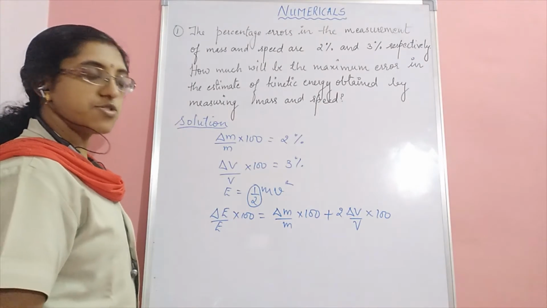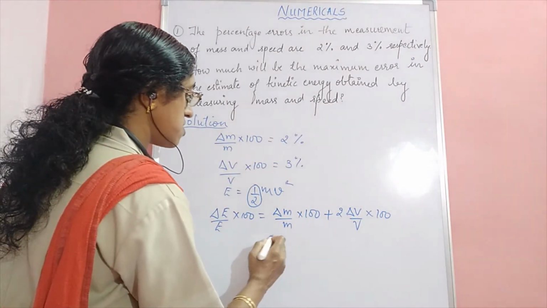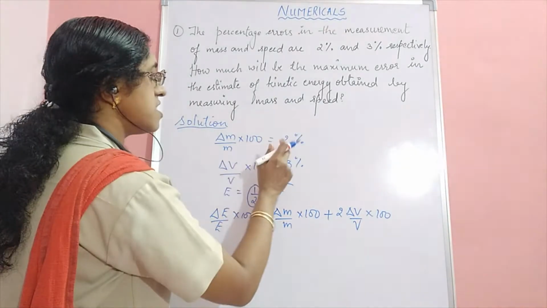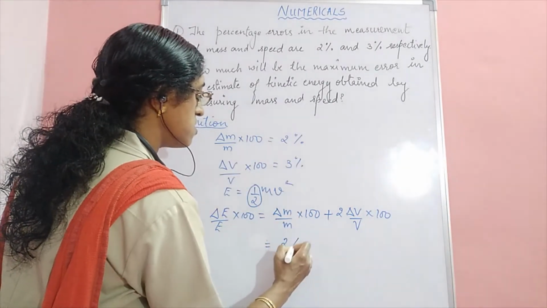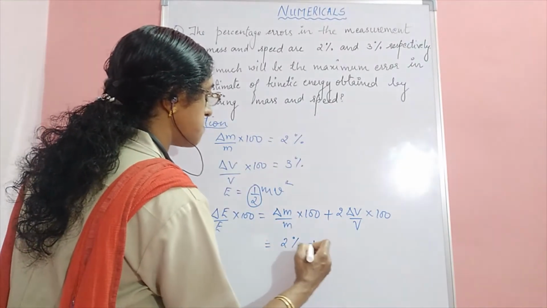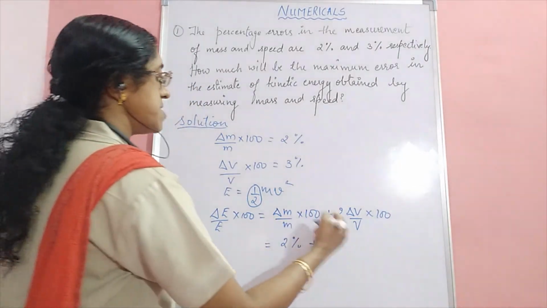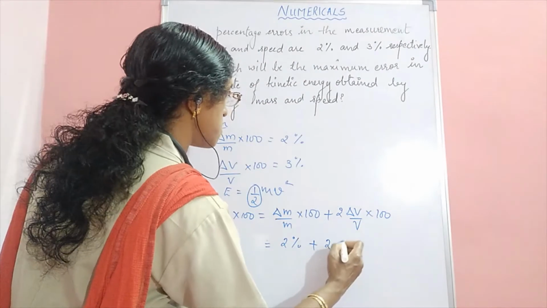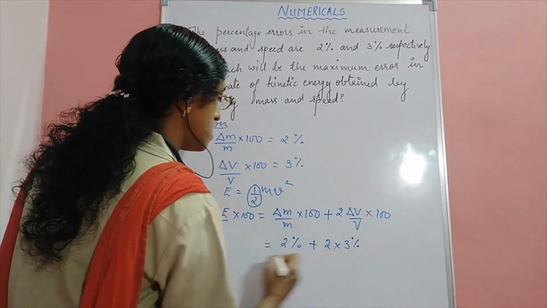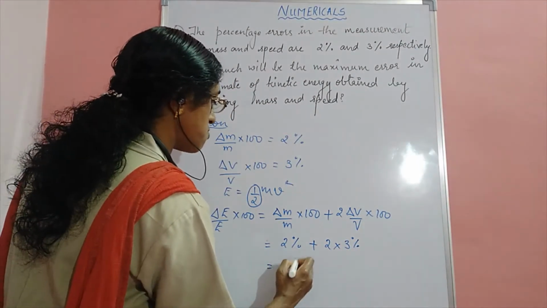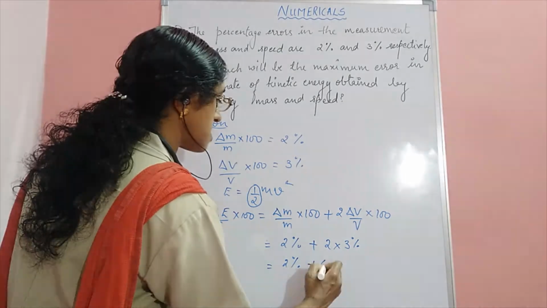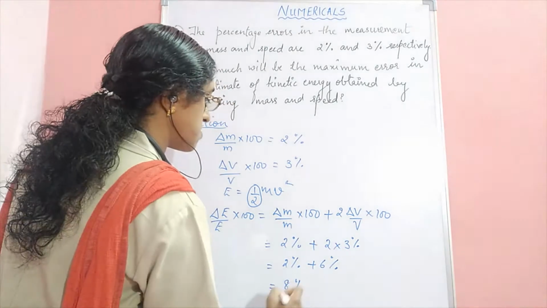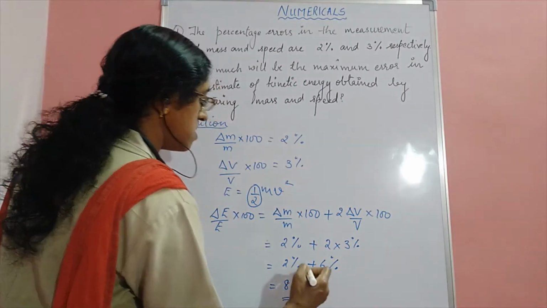Now we can substitute the values. Delta m by m into 100 is directly known to you as 2%. So it will be 2% plus 2 times delta v by v into 100, so 2 into 3%, which is 2% plus 6%, which comes out to be 8%. So this is the result.